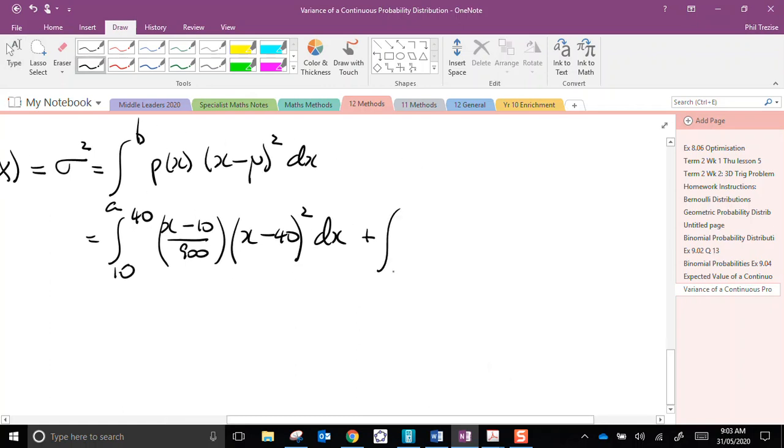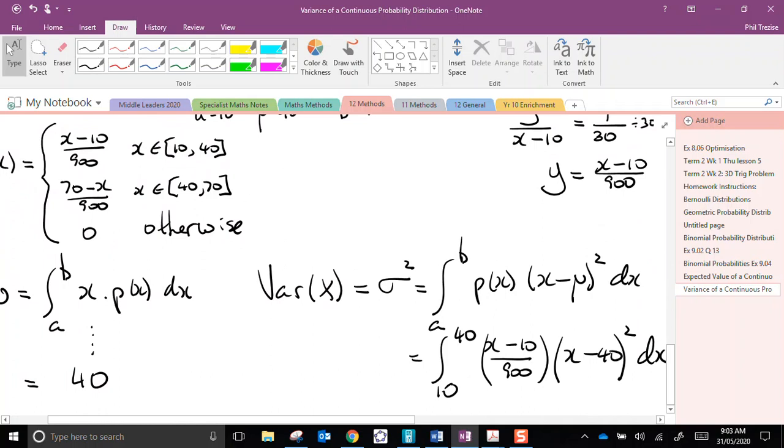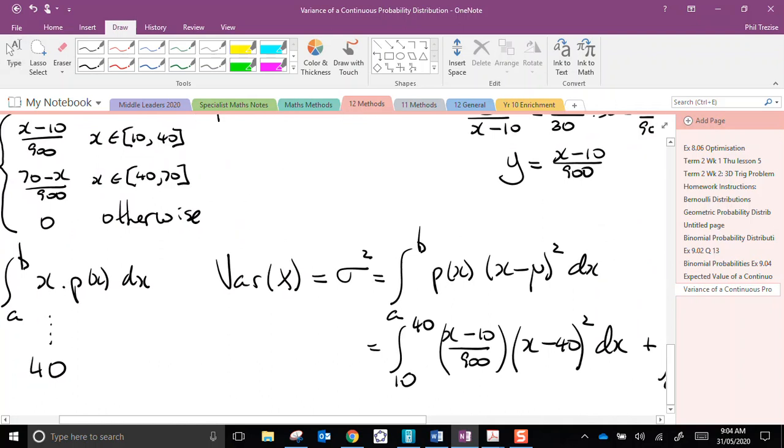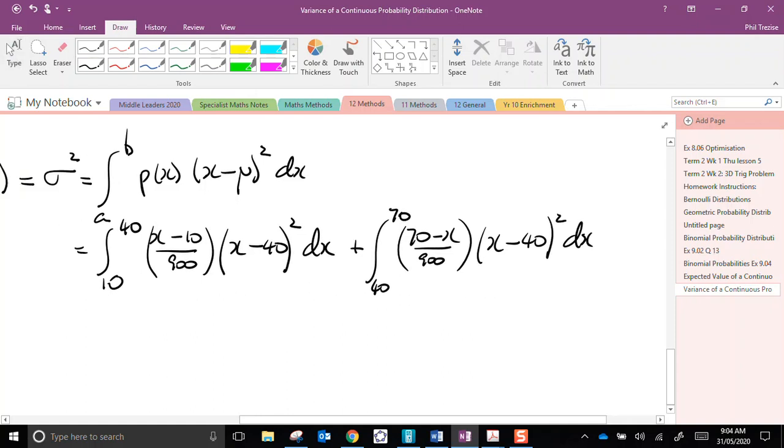Then we have to add the integral from 40 to 70. Now, our probability function in that part of the domain is 70 take x over 900. Again, (x minus the mean) squared dx.